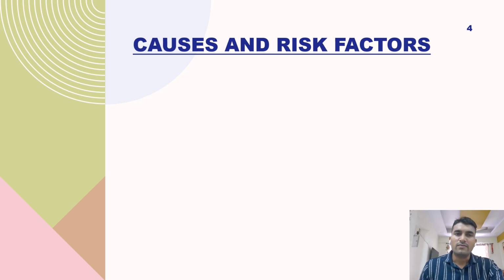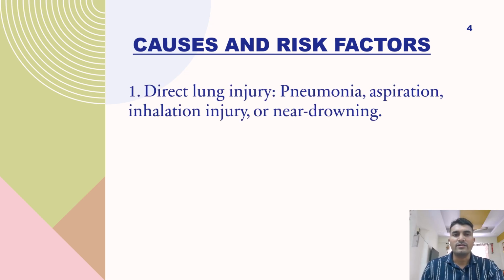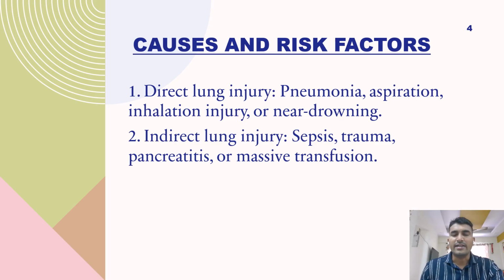So, friends, what are the causes and risk factors? There are two types of causes: direct lung injury and indirect lung injury. Direct lung injury includes pneumonia, aspiration, inhalation injury, or near drowning.